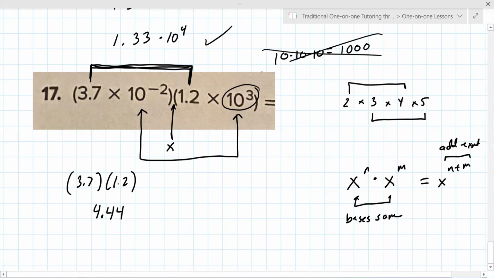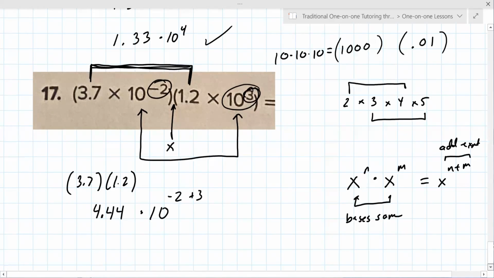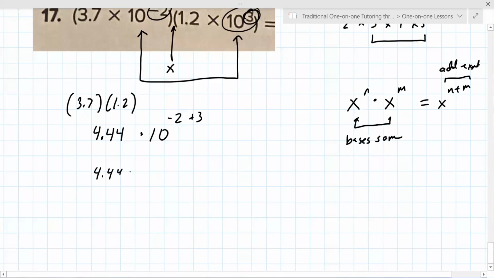What you're asking you can actually do, but you're making more work for yourself. 10 to the negative 2 is 0.01. Do you want to multiply those together? No. Okay, so it's really much simpler. You take this negative 2 and this 3 and you add them together. What's negative 2 and 3 added together? Oh my gosh. 1. Yep.